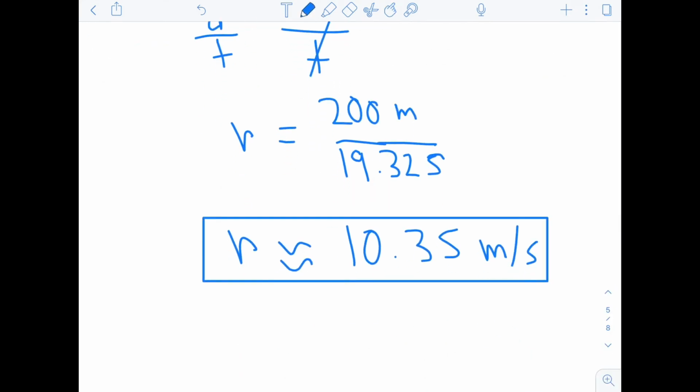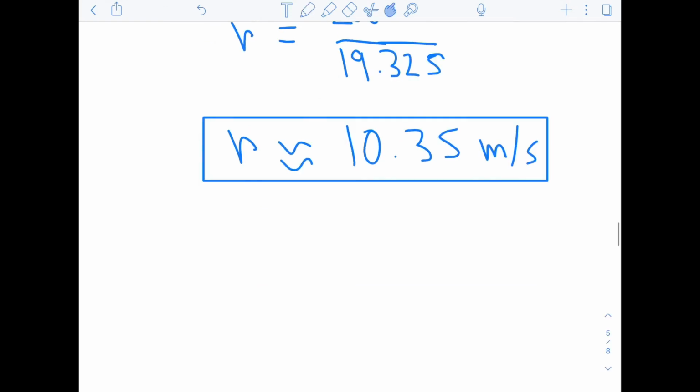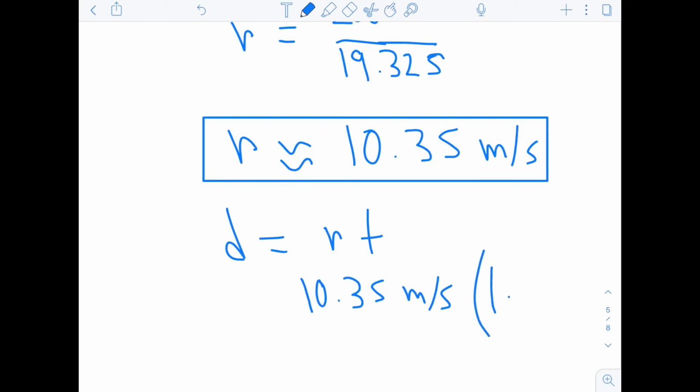Let's check if this makes sense. We know that distance equals rate times time. So the rate we got was 10.35 meters per second, and then time is 19.32 seconds, and the distance 200 meters.